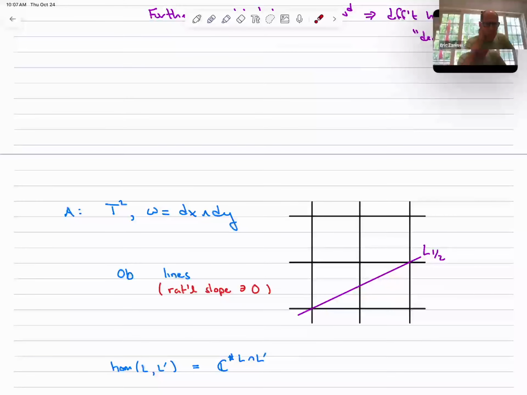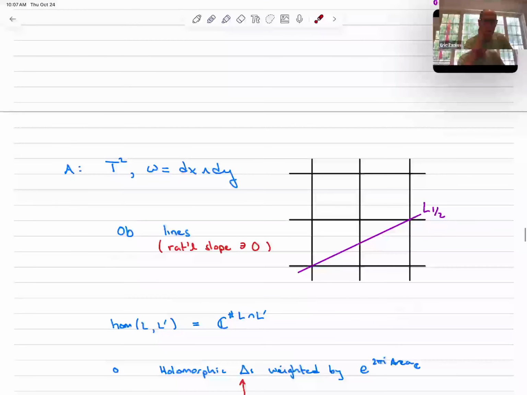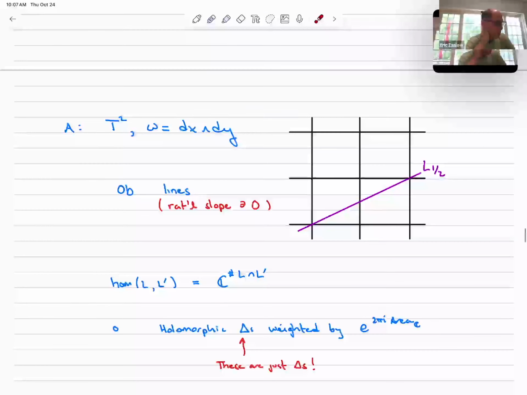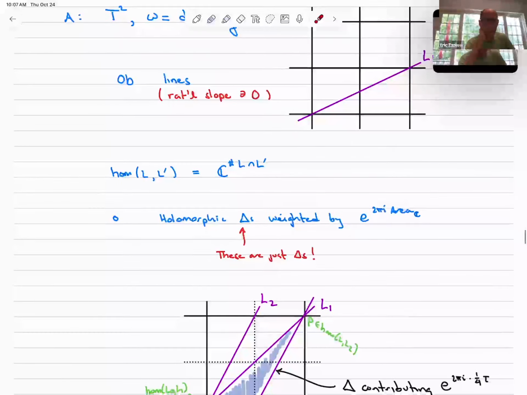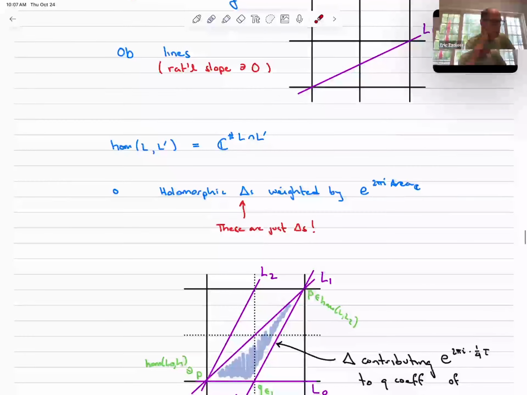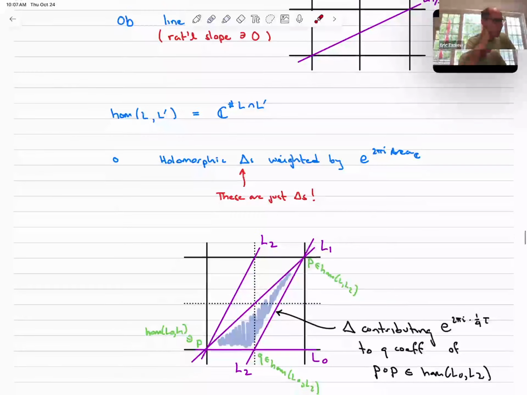The Hom spaces were the intersections of those lines, and that was the whole clock problem, how to calculate the number of intersections of two of these lines. They're actually circles once you go down to the torus. And the compositions are made up by holomorphic triangles weighted by their area, up to some normalization, either 2 pi i times the area.